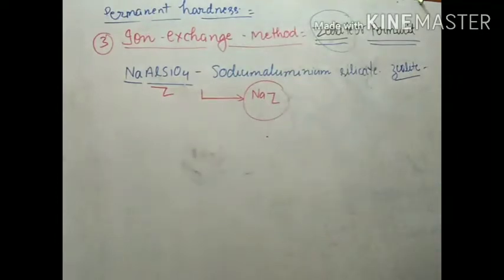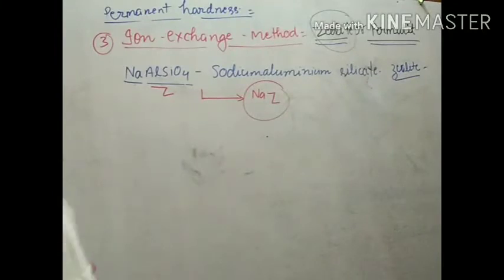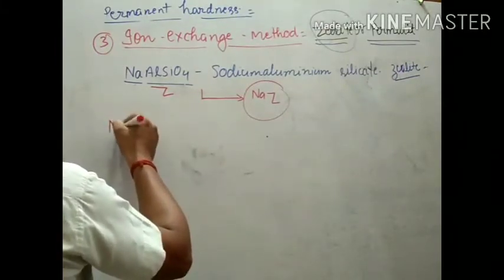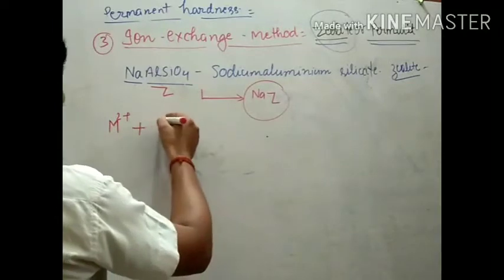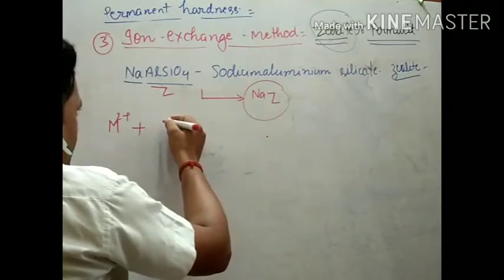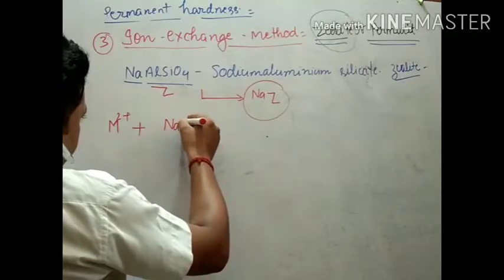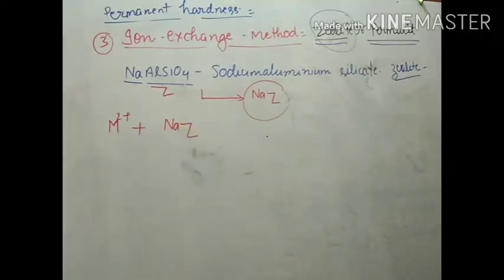So NaZ. Here, when this zeolite is added to hard water containing calcium and magnesium soluble impurities, it exchanges the ion and forms the salt like this.